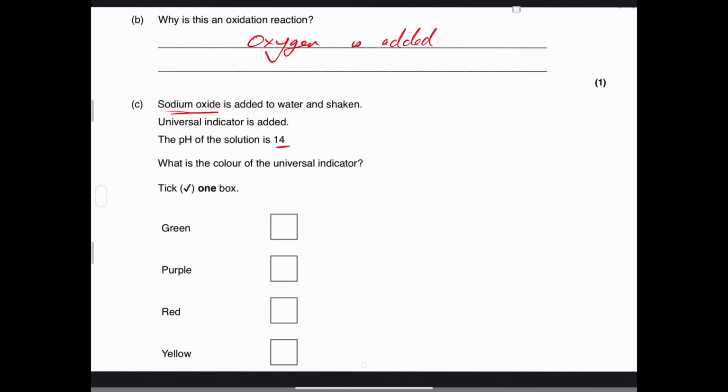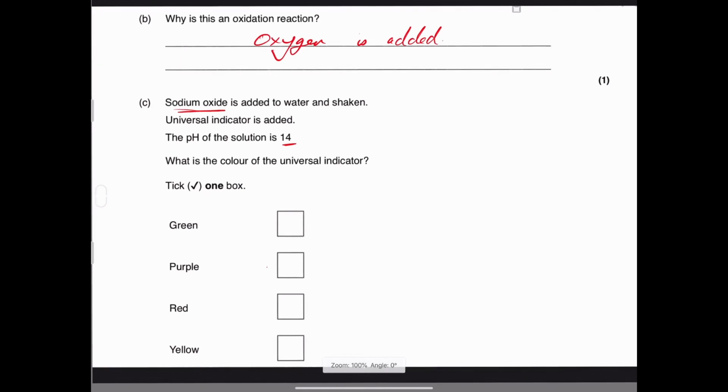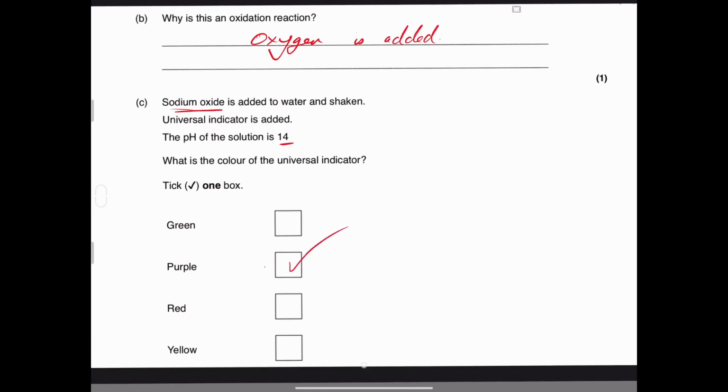So the answer to this one is purple. You should have purple here. pH 14 means it's alkaline, and an alkaline solution in the presence of universal indicator at pH 14 would be purple, would be a dark purple.